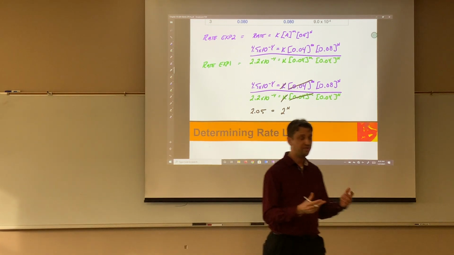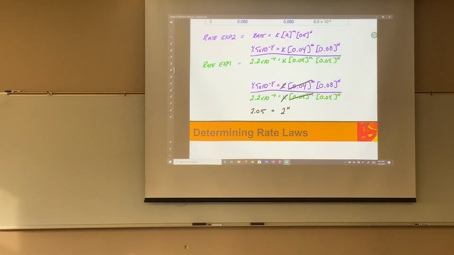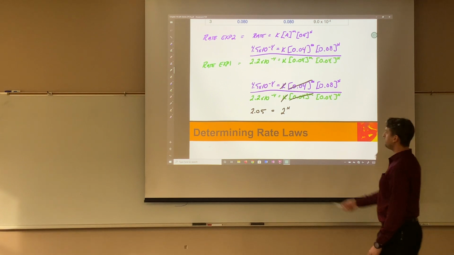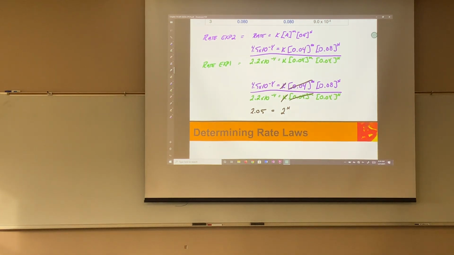So what does n have to be equal to for this to be true? 1.000 with a bunch of other numbers, which for practical reasons is 1. Got it? Do you guys catch this math here?